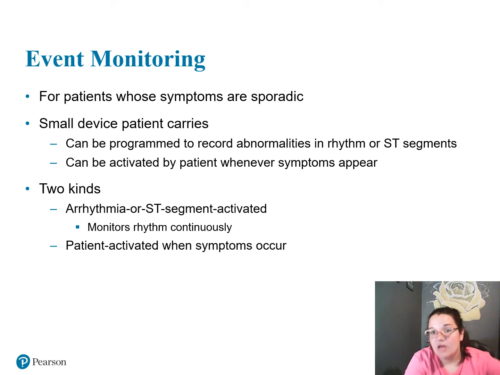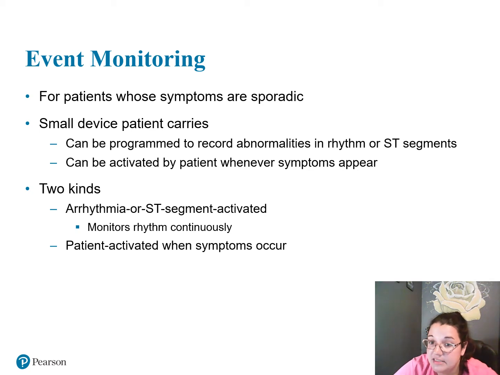And then we have what's called event monitoring. And this is for patients whose symptoms are sporadic. It is a very small device that the patient carries. It can be programmed to record abnormalities in the rhythm or ST segments, and can be activated by the patient whenever symptoms appear. There are 2 kinds of event monitoring.